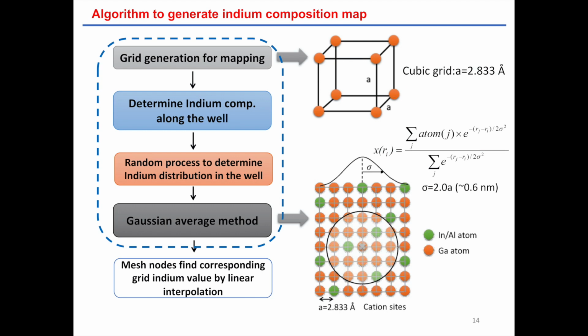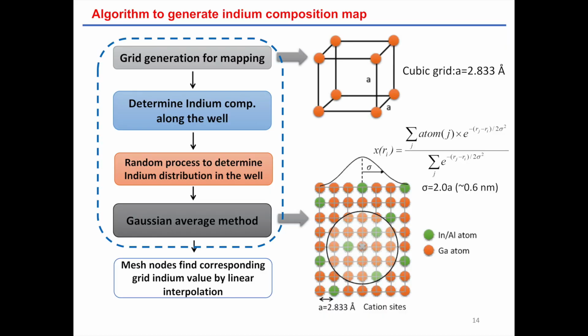Due to the uncertainty in the position of atoms, you put a Gaussian distribution of position of atoms, and then you are transforming what was before a discrete distribution of indium atoms into a continuous variable, due to the fact that you are using this Gaussian distribution of contribution of each atom. Now you have a continuous variable of composition, which comes from your random discrete distribution of indium atoms.